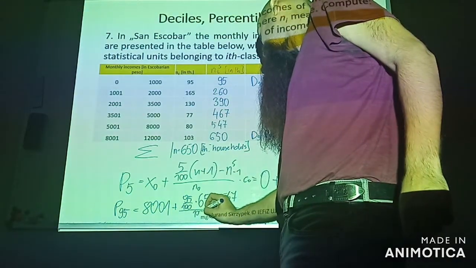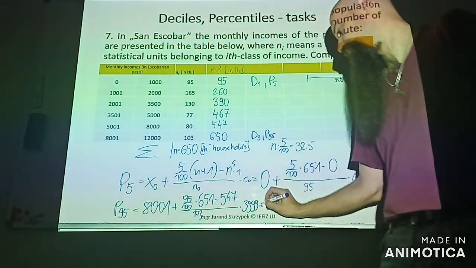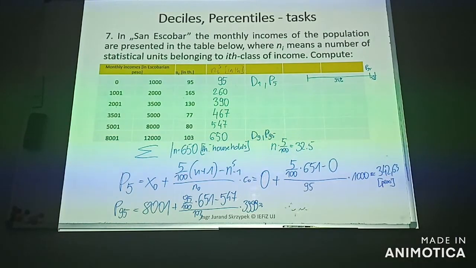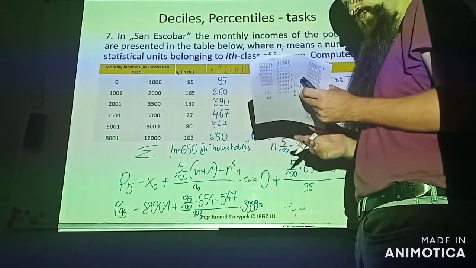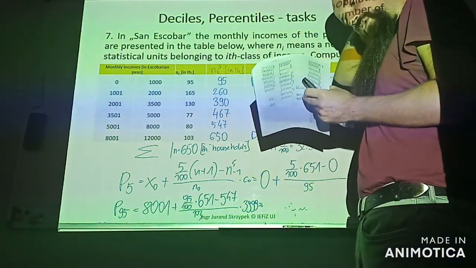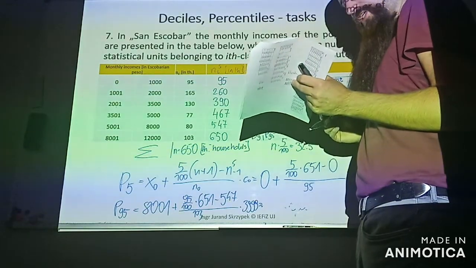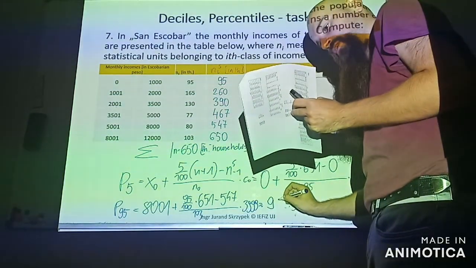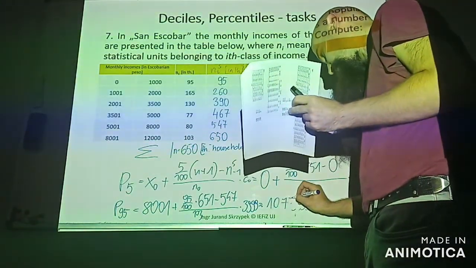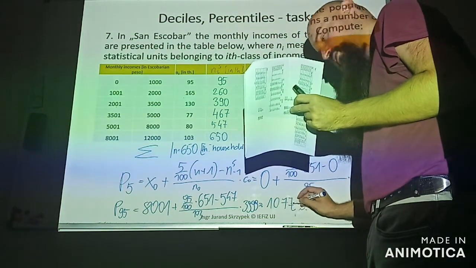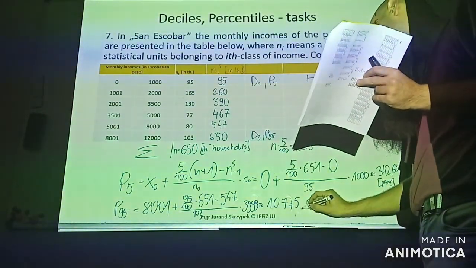By 103, multiplied by 3999, and the final conclusion is the most lucrative households are characterized by monthly incomes equal or greater than 10,775.06 pesos.